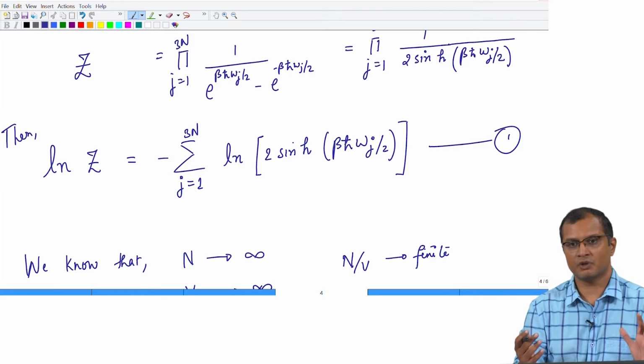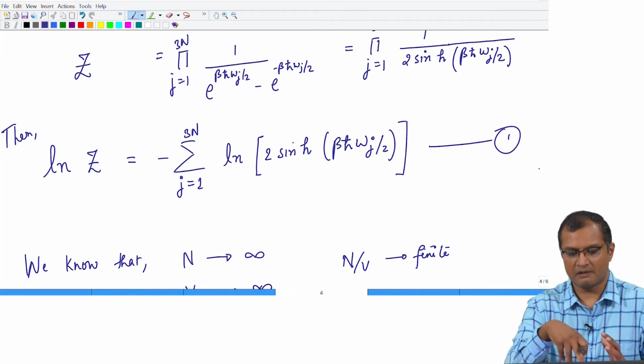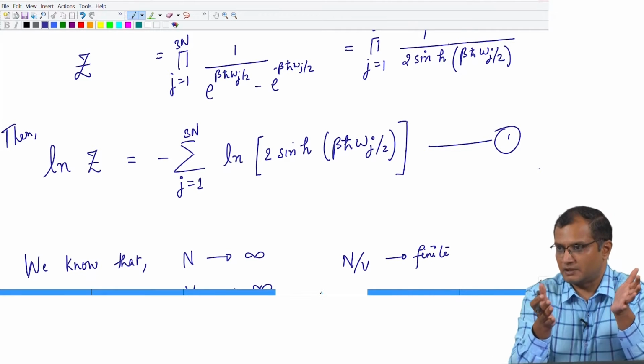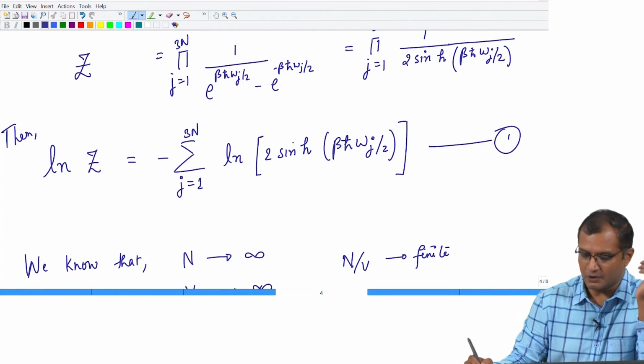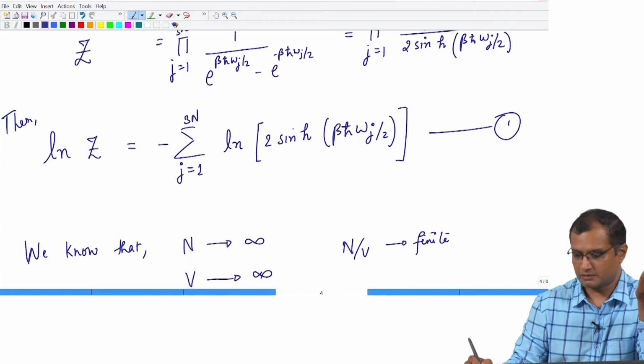Okay. So, what you will have instead is that as n goes to infinity, our upper limit of the summation also goes to infinity and your omegas are very closely stacked now. So, I am going to convert this summation into an integral in the thermodynamic limit. Okay.